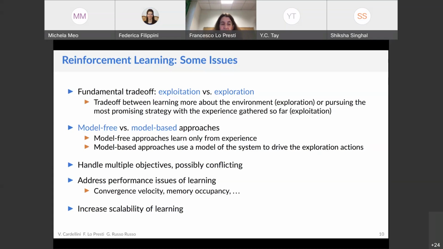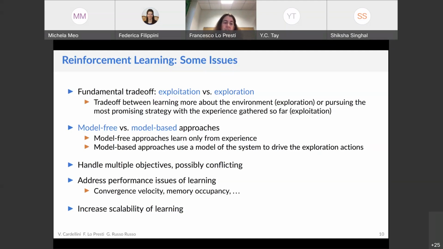Another important issue we will consider is how to address some performance related issues. In particular, we will see how we can reduce the occupancies of memory, and how we can improve the speed of convergence of the learning process.